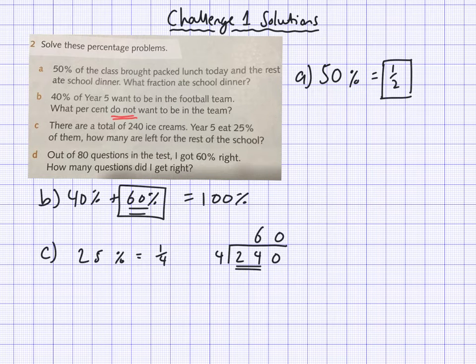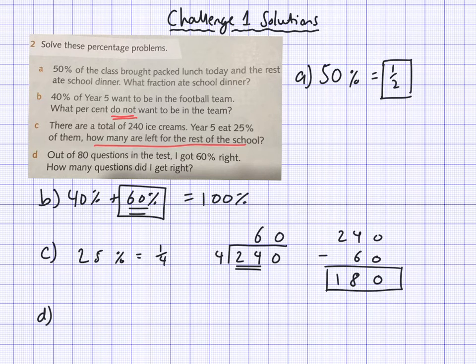So that means year 5 eat 60, but the question says how many are left for the rest of the school. So if 60 have been eaten, I need to take that away from 240, which leaves me with 180 as my answer.